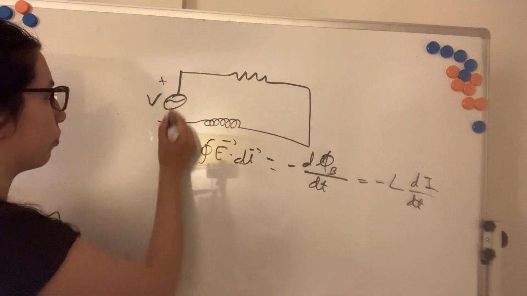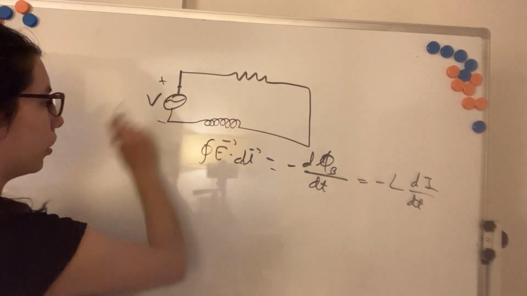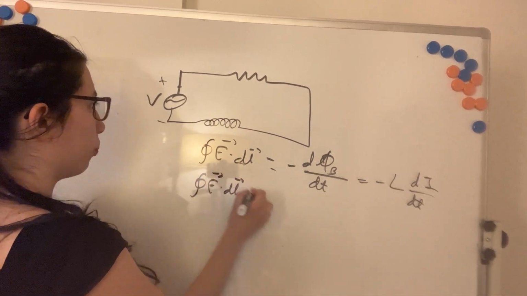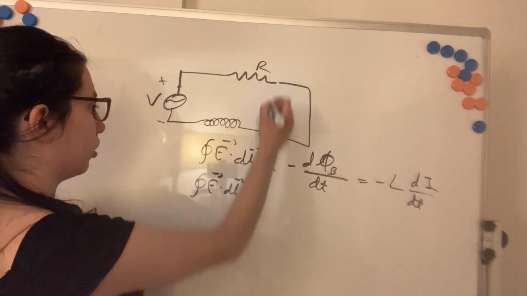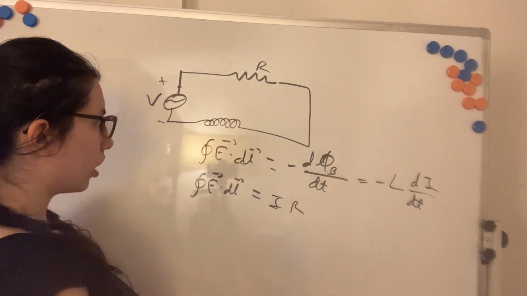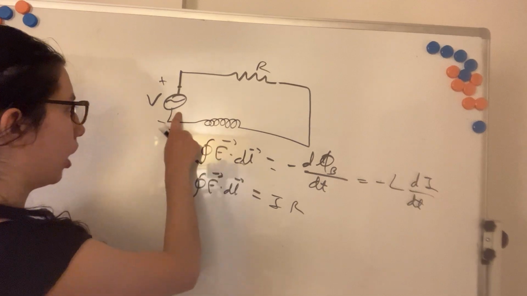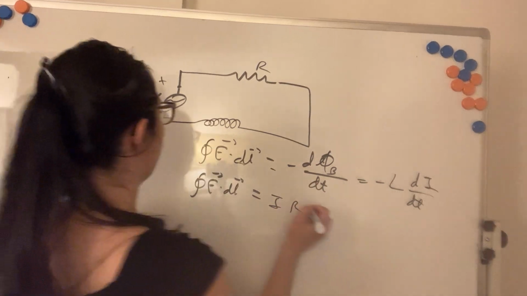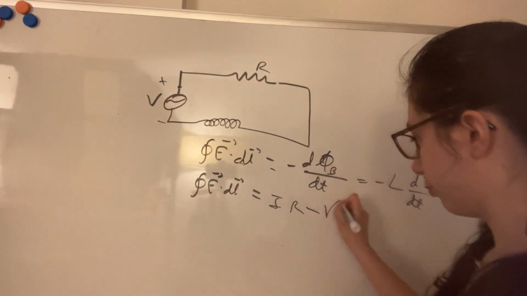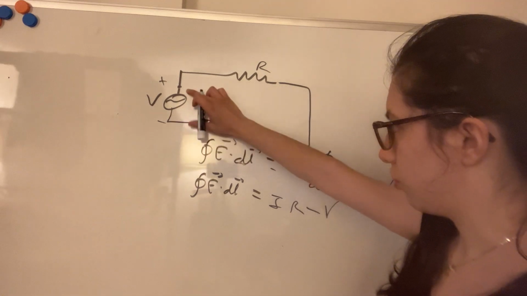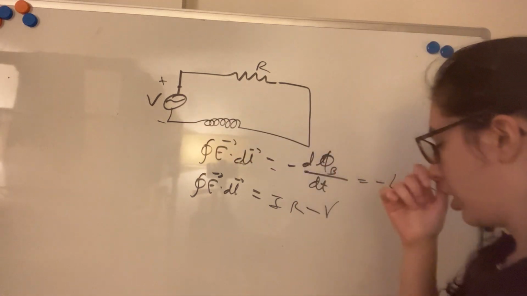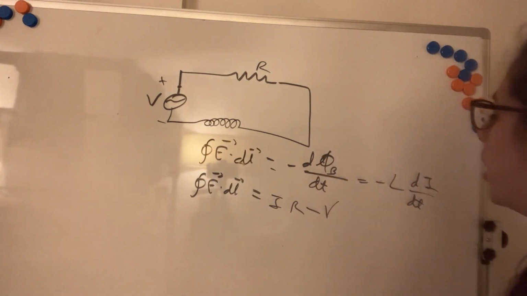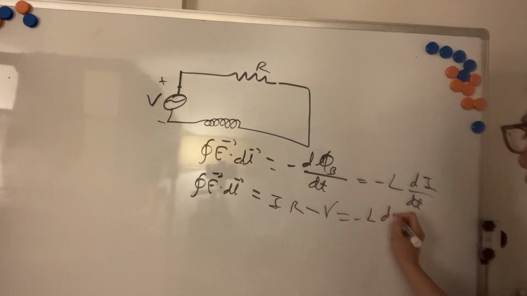If we start from here and go all the way around, the integral of E dot dl would be the current times R. Here we have 0, and here we have a negative voltage, because we're going from negative to positive, which is the opposite direction of the electric field. Going from negative to positive is the opposite direction. This is equal to negative L dI/dt.